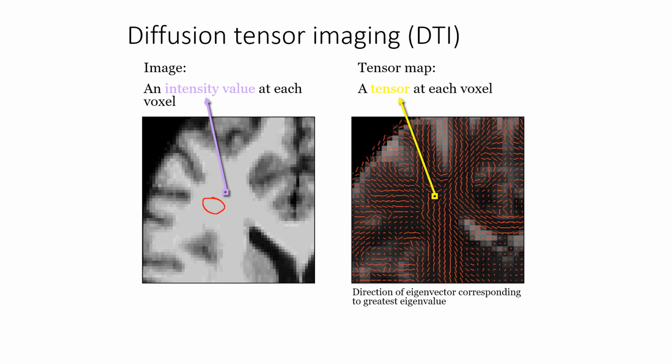Then we can calculate a tensor at each voxel, and that allows us to draw a little line, in this case, to represent what the white matter looks like at that voxel. What's the direction of the displacement? We don't necessarily see the magnitude with this image, but we are seeing these eigenvectors, and so we do see direction.